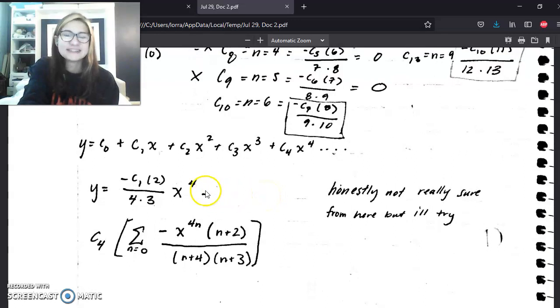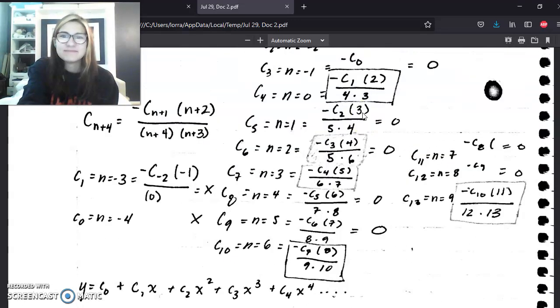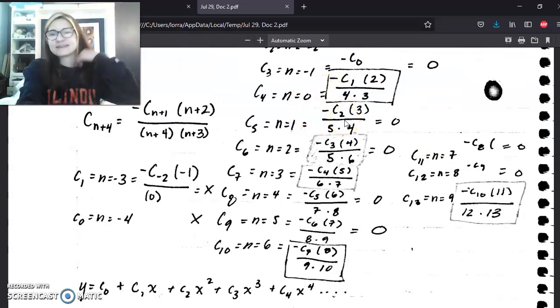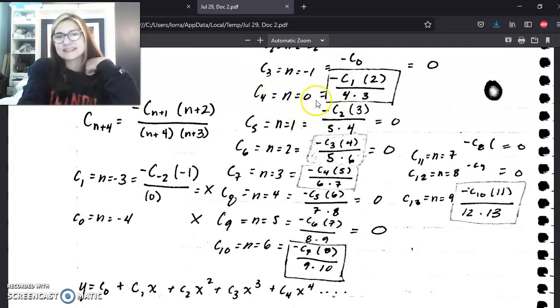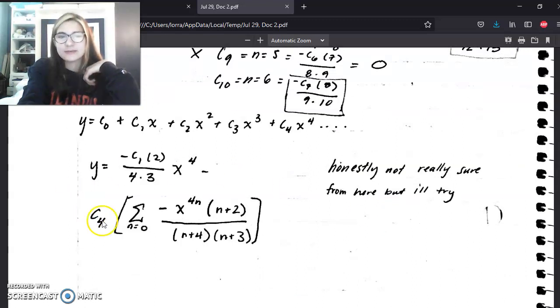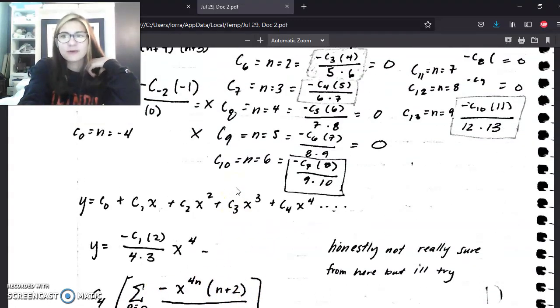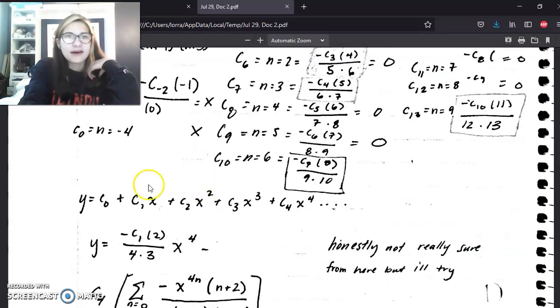I think I must have done something wrong, but I'm not sure what, because there should be two separate distinct patterns, but I could only see one, and that was c4 times the summation from n equals 0 of negative x to the 4n, (n plus 2) over (n plus 4)(n plus 3). So, thank you.